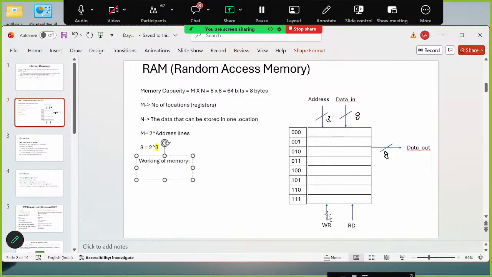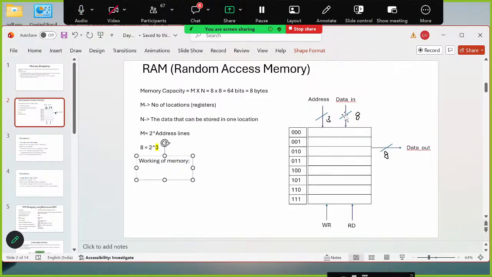You should have the data on the data input line, and you should have a valid read write signal over here. So when you are writing, you have to disable read because both these things cannot be done at the same instant of time. Either you can write the data or you can read the data.